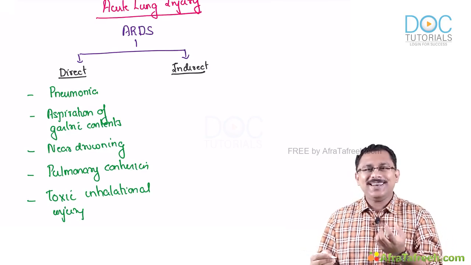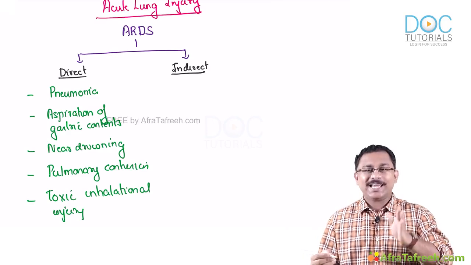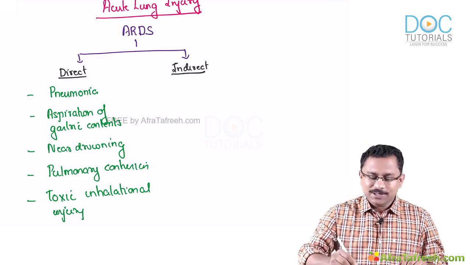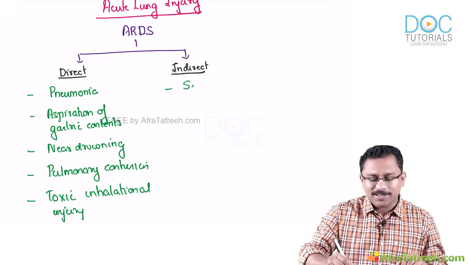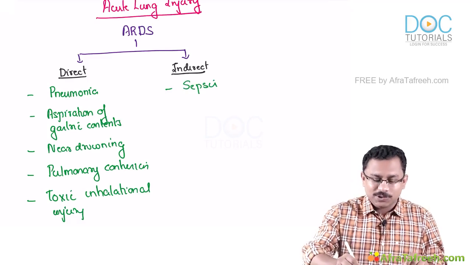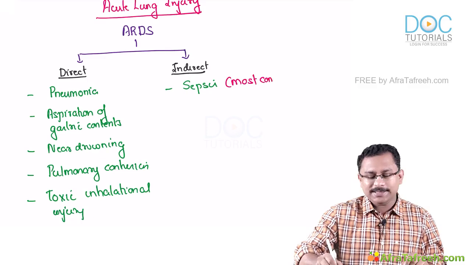So what are we learning now? We are trying to learn the causes of ARDS, which can be due to a direct lung injury or an indirect lung injury. Indirect lung injury can be because of sepsis, and always remember this is the most common cause of ARDS.